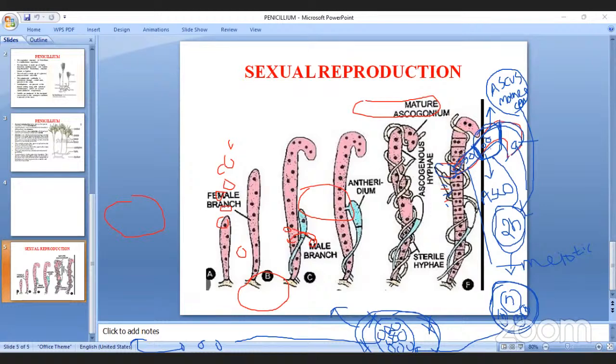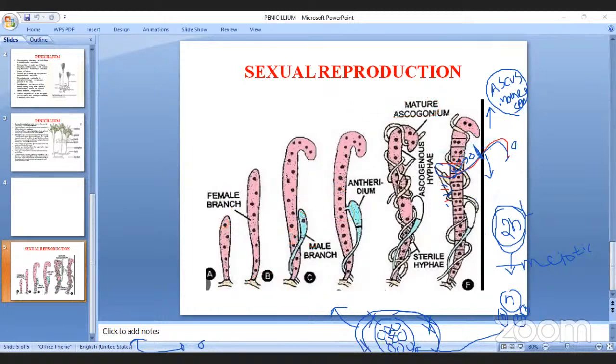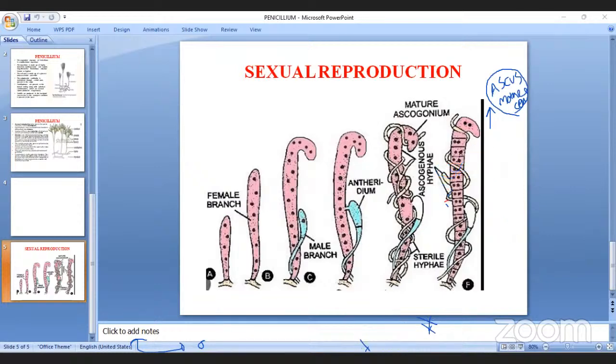Once again, recollect this Puccinia life cycle, because this is also very important. Do you know urediniospore, teliospore? You must have heard these words already during practical training classes.